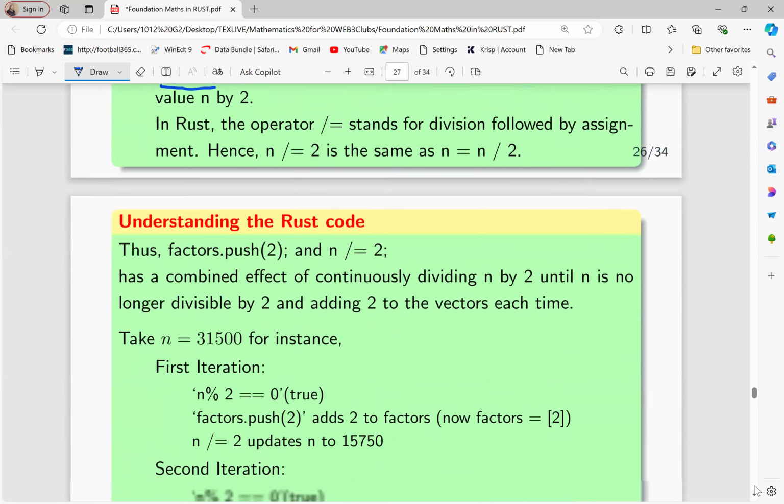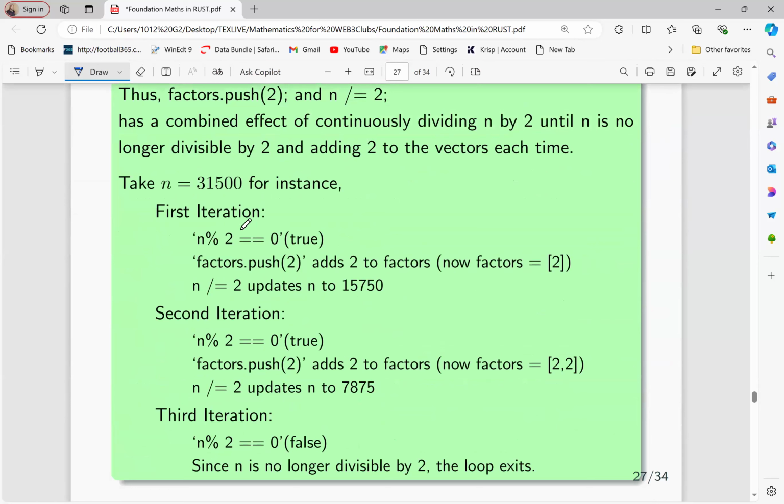So what happens is you come to this while part and see whether this condition is fulfilled. Check our n: if n is divisible by 2, that is, if n divided by 2 will give you a remainder of 0, if that is true, the program will say true.